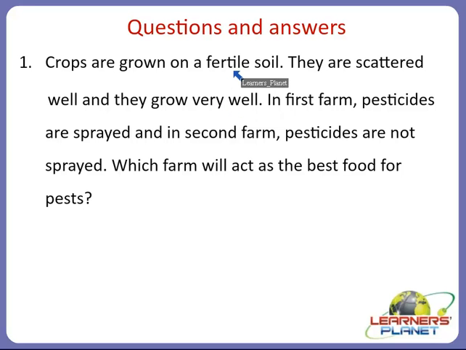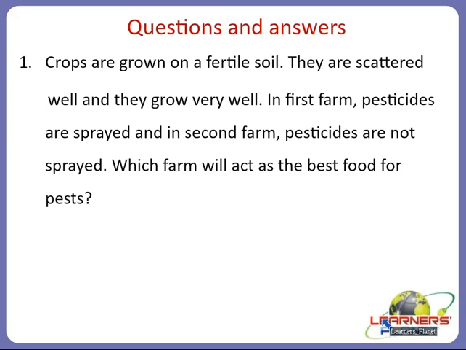And fertile soil means nutritive soil, the soil which is full of nutrients, because of which a crop can be grown in a very healthy condition, right? And in the second farm also, crops are being grown on a fertile soil, they are scattered well and they are grown very well, alright?